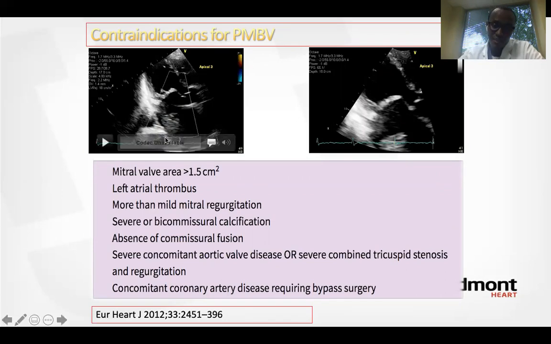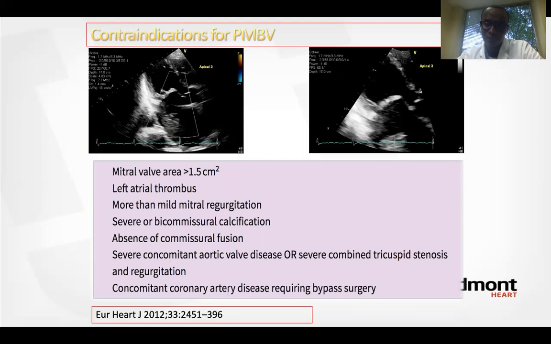This is a patient that I took care of when I was a fellow at the University of Wisconsin in Madison. She was a 57-year-old Hispanic female who came in with pulmonary edema and was subsequently found to have severe mitral stenosis.